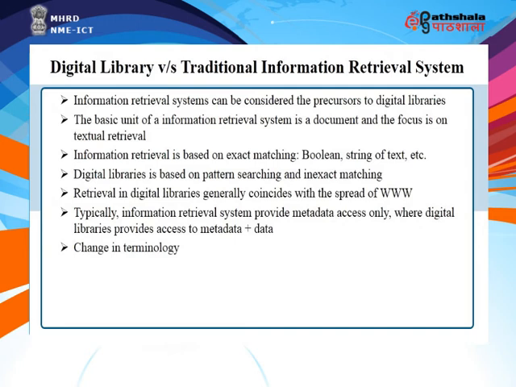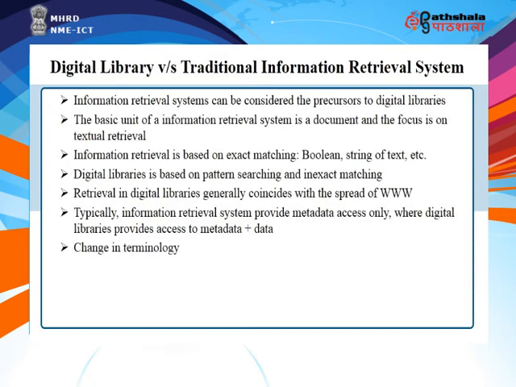Traditional information retrieval systems are based on exact matching, Boolean, string of text, etc. Traditional IRS did not support fuzzy logic and inexact searching. Digital libraries are based on pattern searching, inexact matching, and fuzzy logic.